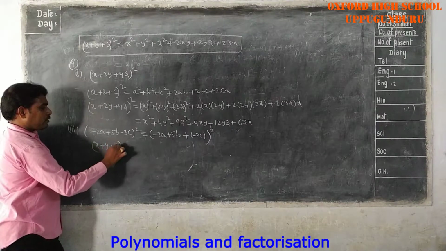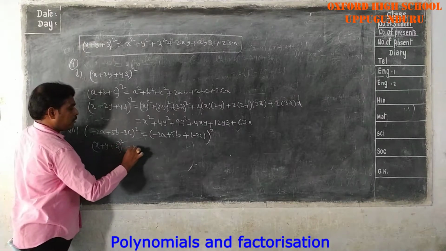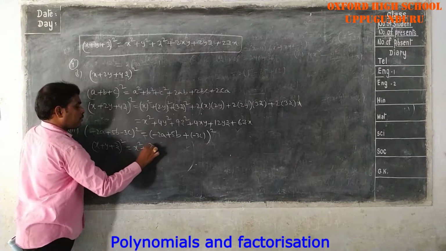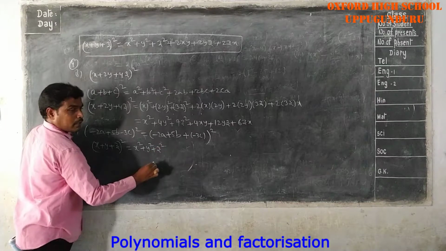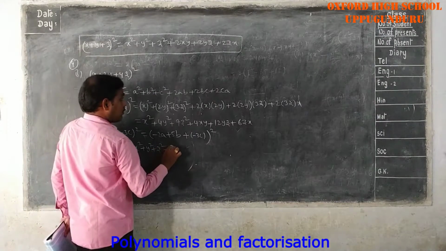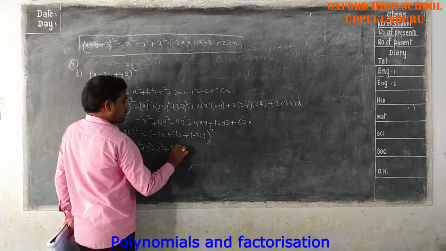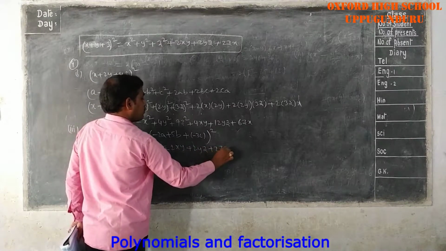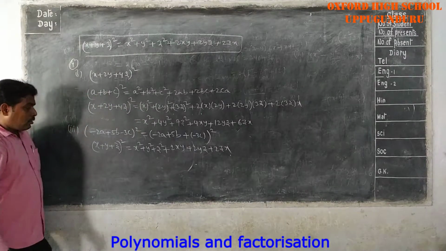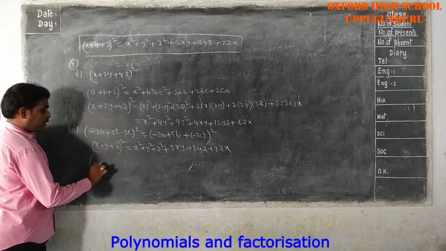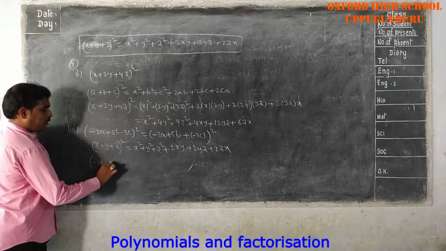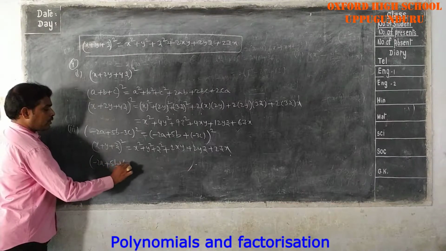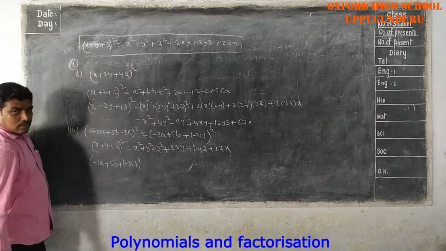x plus y plus z whole square equal to x square plus y square plus z square plus 2xy plus 2yz plus 2zx. Now in place of x you have to write minus 2a, in place of y 5b, in place of z minus 3c.